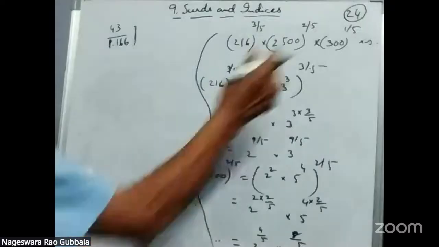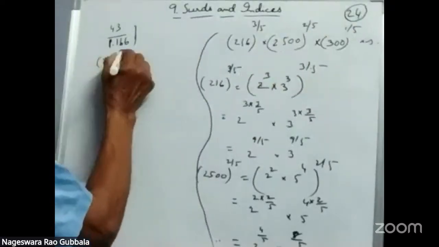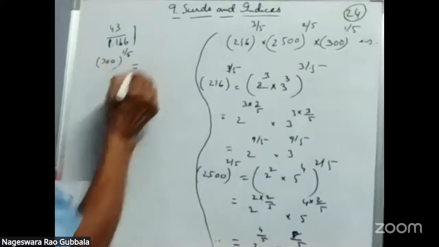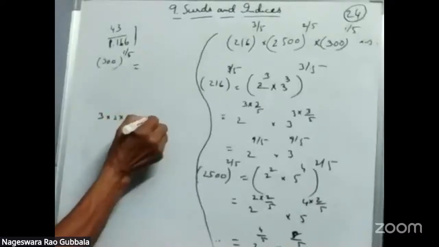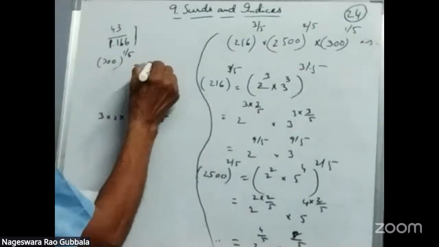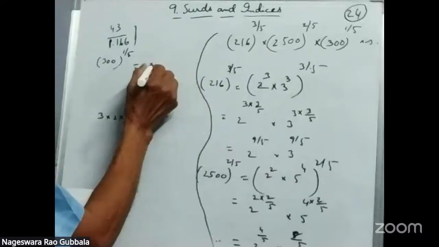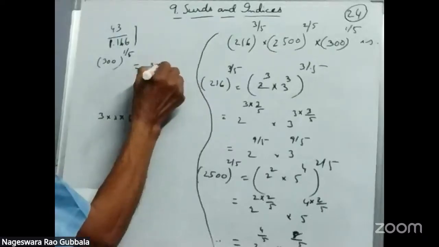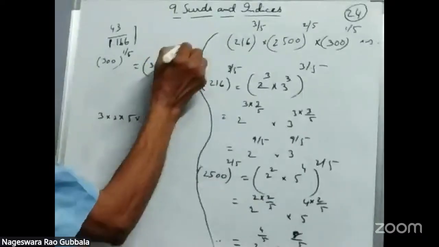Similarly, 300 to the power of 1 by 5. Simplify it also. 300 is 3 into 100, that is 3 into 2 into 5 into 2 into 5. So 3 into 2 square into 5 square, whole to the power of 1 by 5.